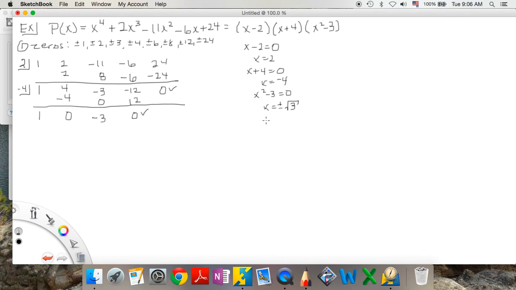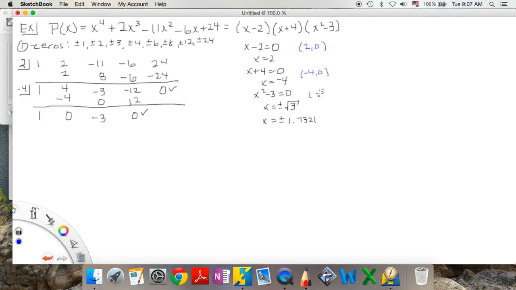Now when you're graphing, you're going to want to get a decimal approximation for that, because it's kind of hard to picture where the square root of 3 is unless we have a picture here.